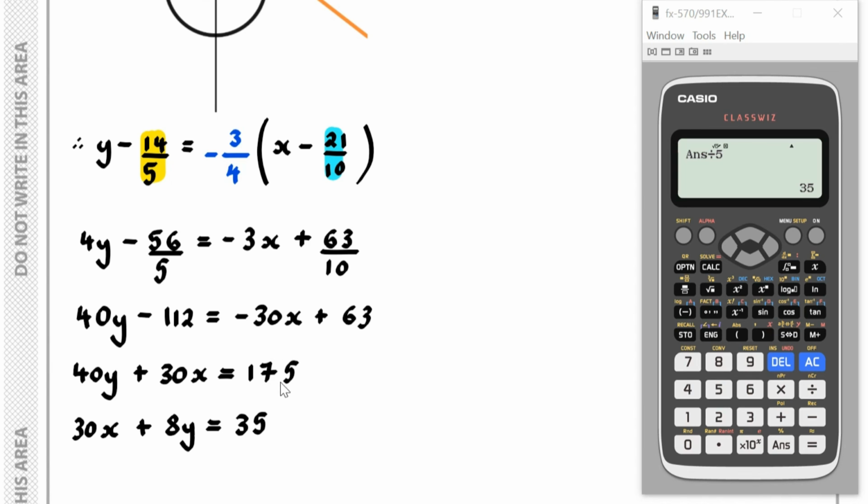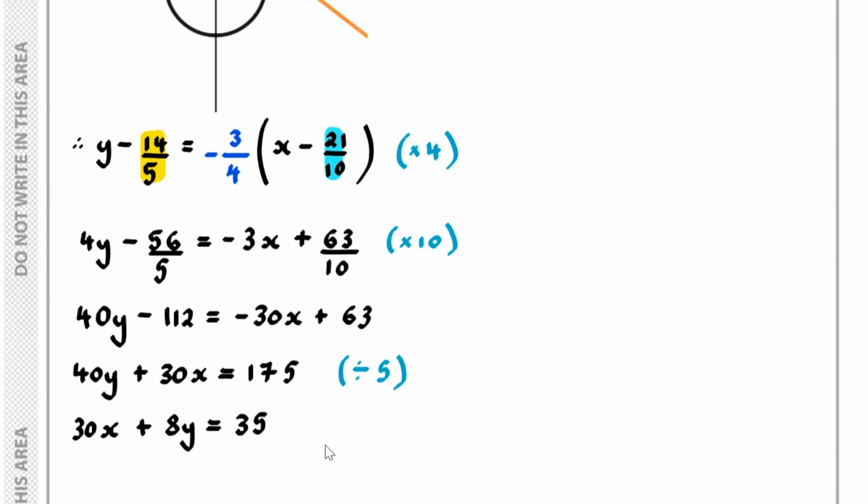So from here to here, what we did was we divided through by 5. Here we multiplied by 10. And here I multiplied by 4. So this is the equation of the tangent.